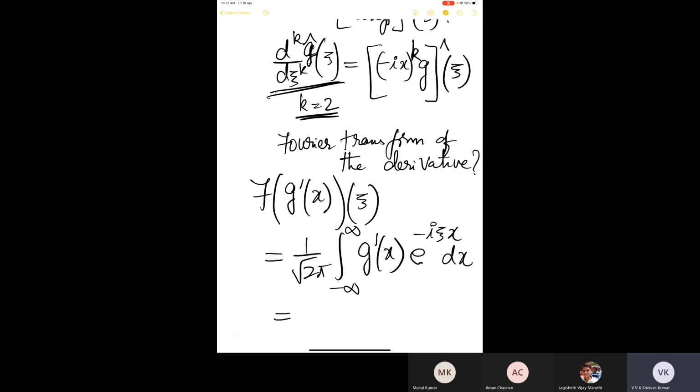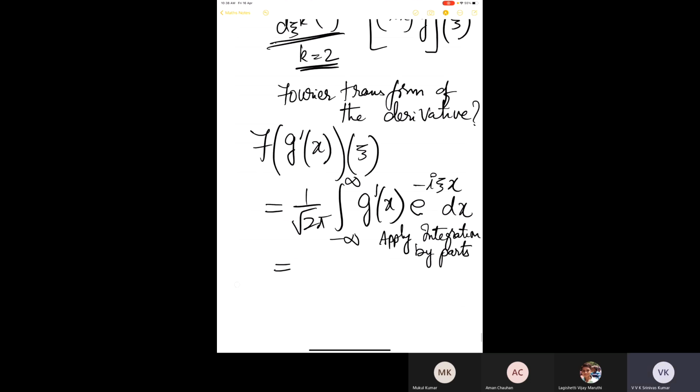Now you can apply the integration by parts formula.